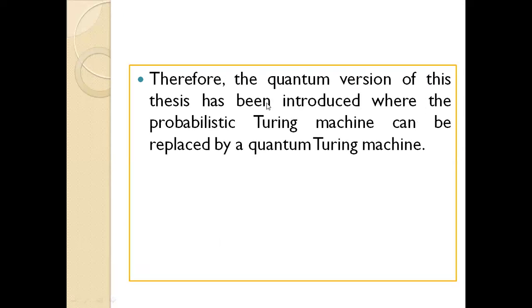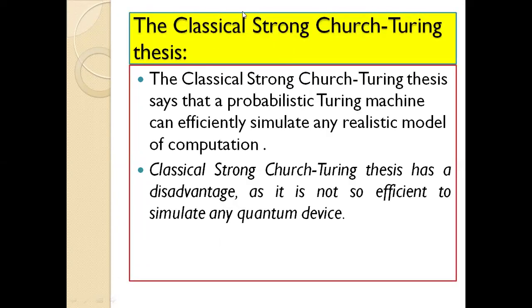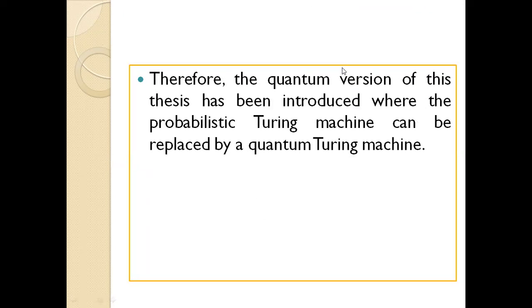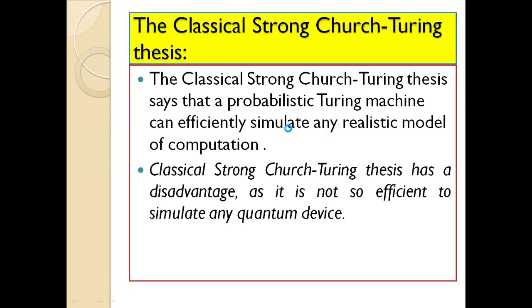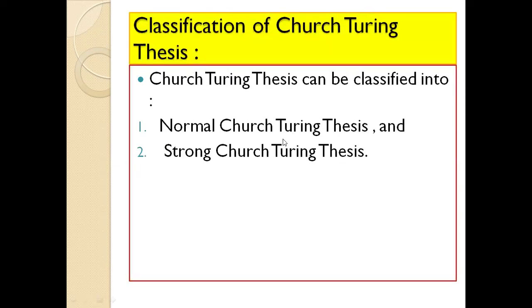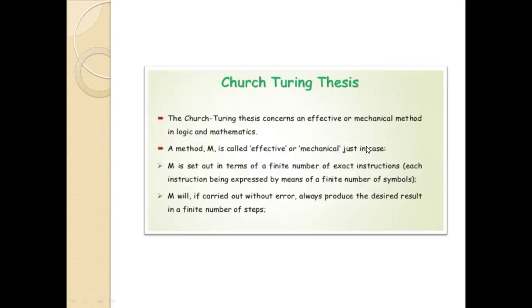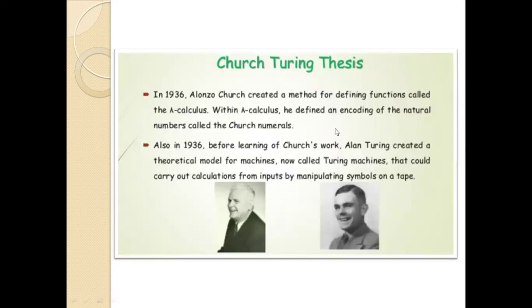Therefore, the quantum version of this classical strong Church-Turing thesis has been introduced, where the probabilistic Turing machine is replaced by a quantum Turing machine. Okay. Now let's come to the main part. After clearing these two very important facts, the Church-Turing thesis, where a machine will be called effective or mechanical only when it satisfies the conditions of Turing machines.